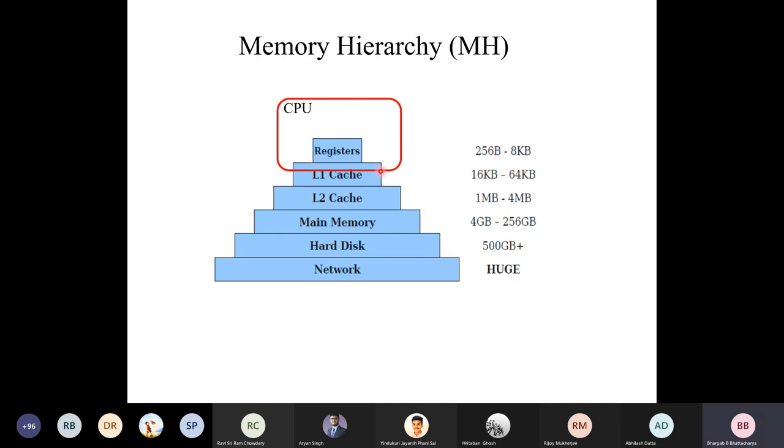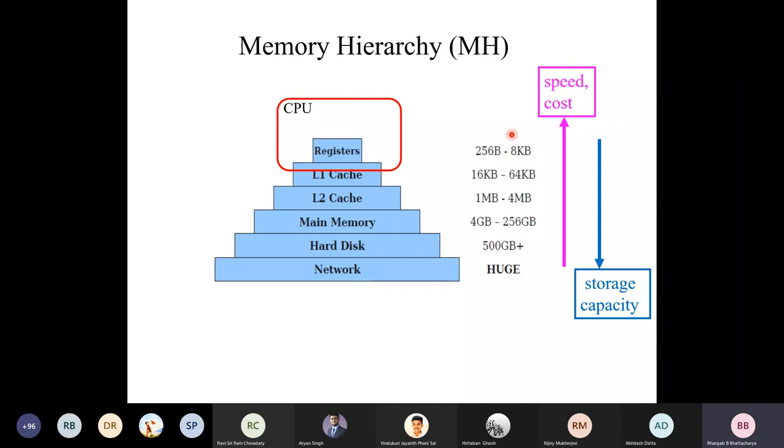So registers and some on-chip cache is the part of the CPU, and the rest of the memory is lying outside the CPU, and that's a separate memory modules, or memory components for that. And as you can see, if we look into this way, the speed and cost would increase. That means these memories are at the top echelons. Those are faster, but obviously, for obvious reason, they are costly.